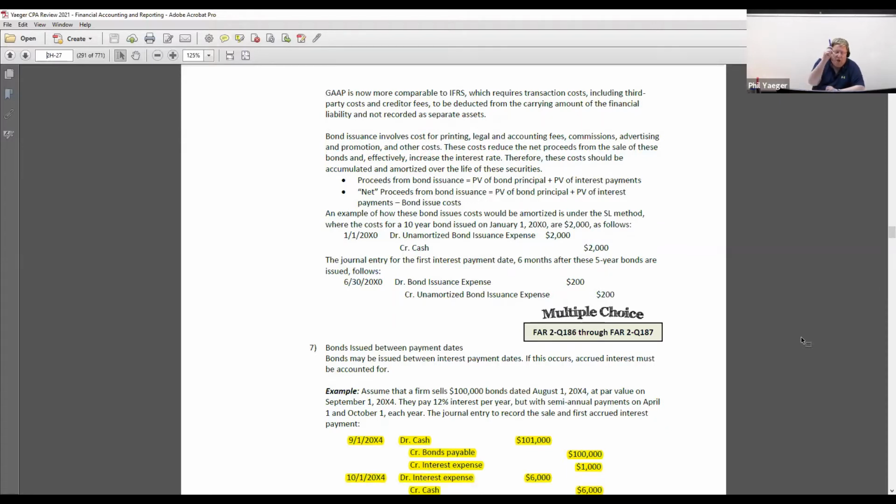But the corporation sold the bonds 5 months after the bond date. And that 5 months after the bond date, which is 55 months to maturity, is called the issue date. So the issue date is the date you actually bought the bonds on.